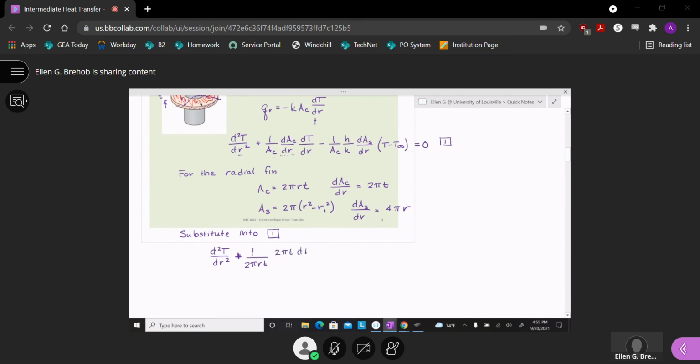And I have dT/dr minus 1 over cross-sectional area, which is 1 over 2 pi r t. My h over k I'm going to keep in there. My derivative of surface area with respect to r. And well, that's it, the T minus T infinity.